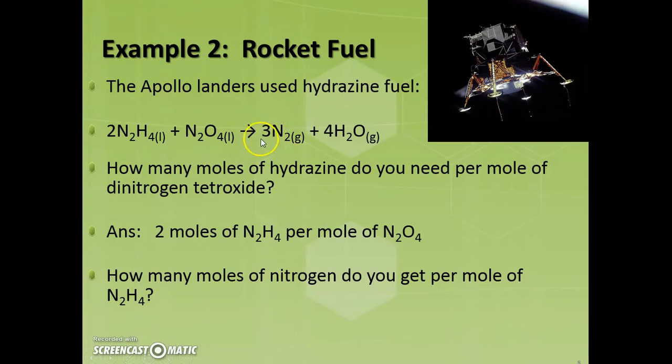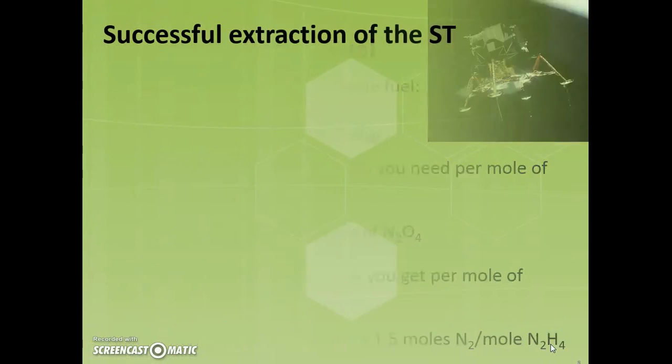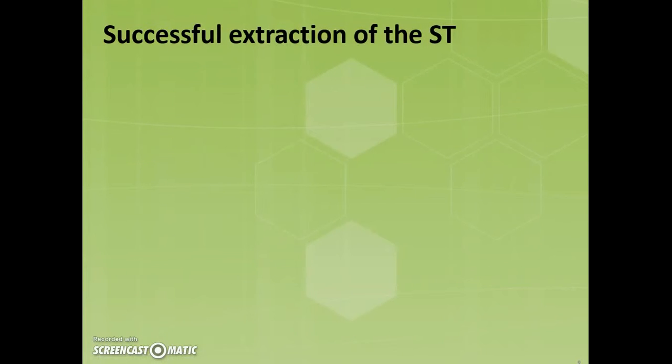Well, we get 3 moles of nitrogen gas for every 2 moles of hydrazine. And 3 for every 2, we can again simplify to get 1.5 moles of nitrogen for every mole of hydrazine.